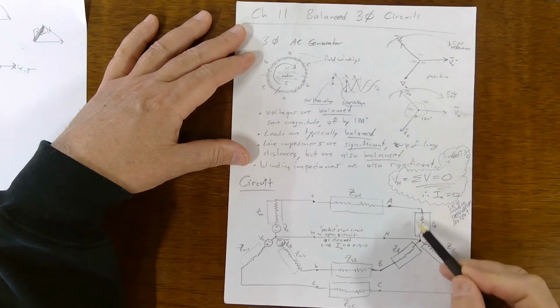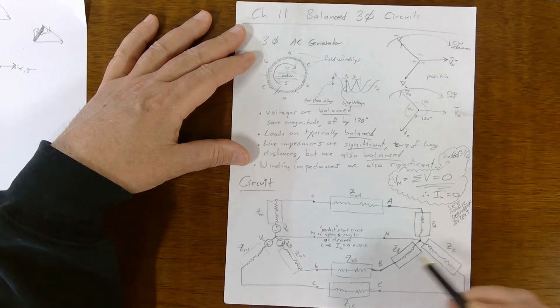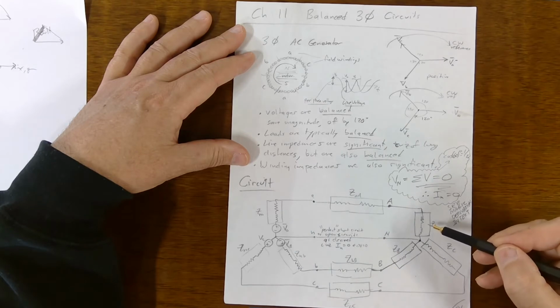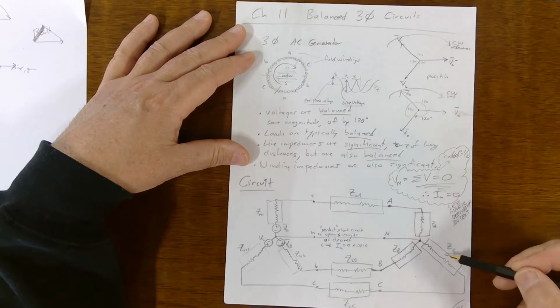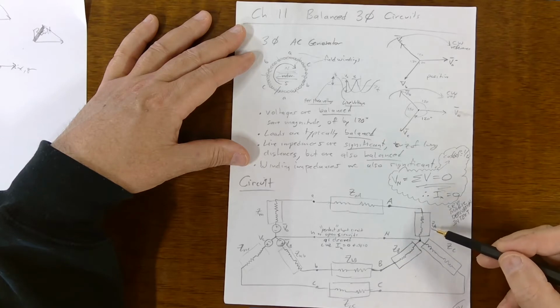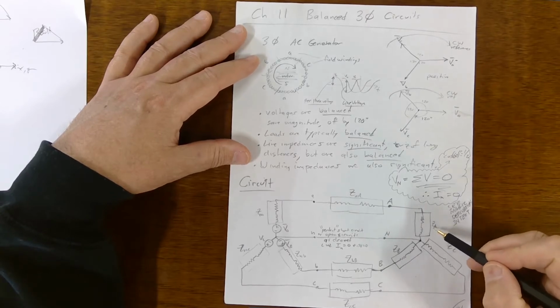In other words, this could be one neighborhood in a city, and this could be another neighborhood, and this could be another neighborhood, right? There could be 3 different subdivisions. ZA could be 100 houses, ZB could be another 100 houses, ZC could be another 100 houses. So on average, 100 houses are all going to be watching TV and stuff.